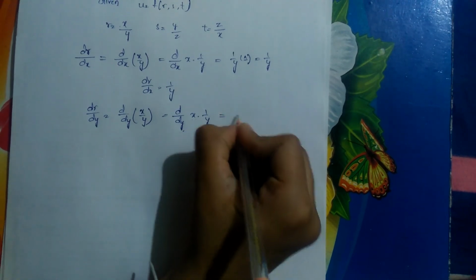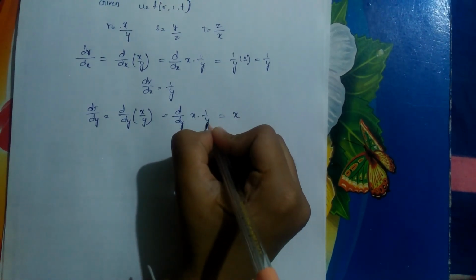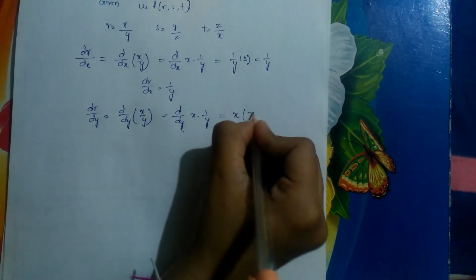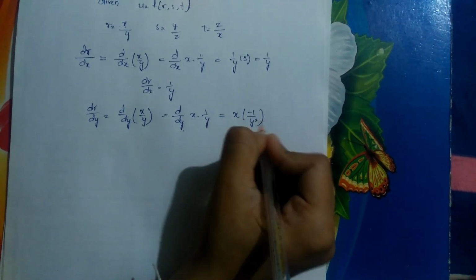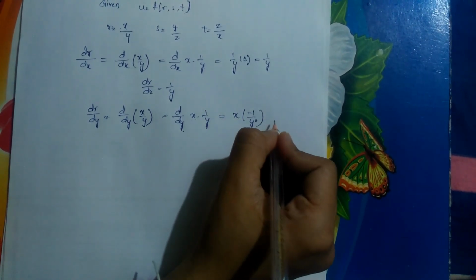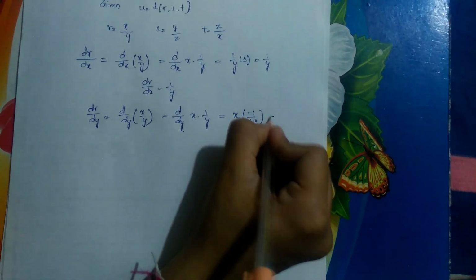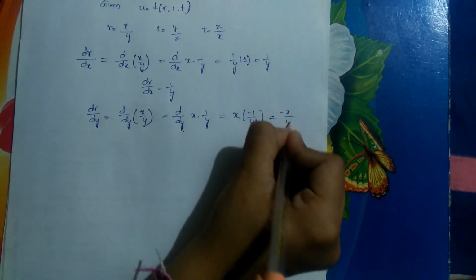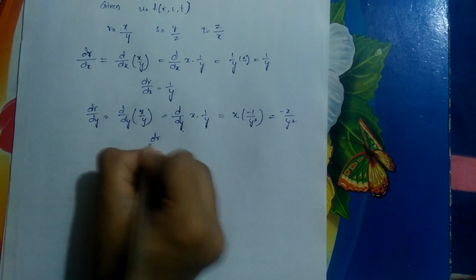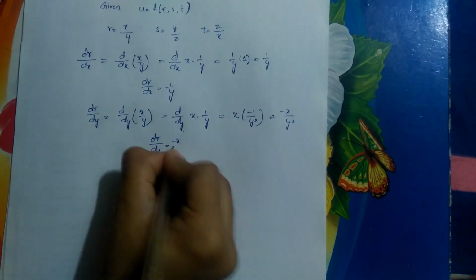So write x as it is, and the derivative of 1 by y is minus 1 by y square by using the n into x power n minus 1 formula. That equals minus x by y square. So dou r by dou y is equal to minus x by y square.